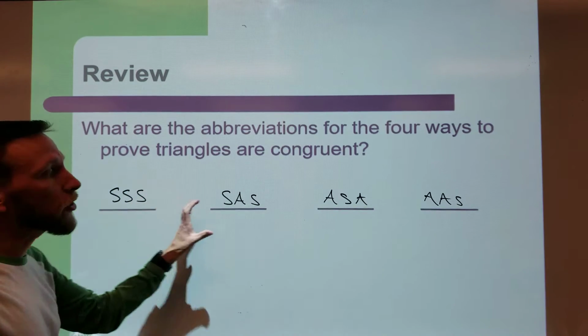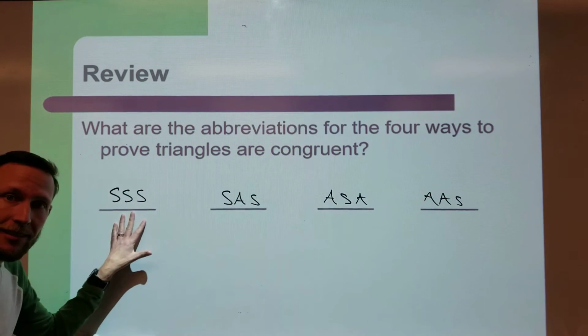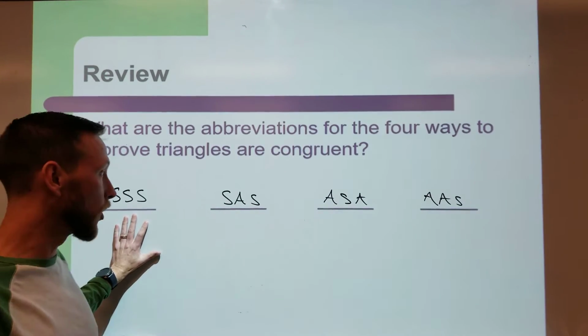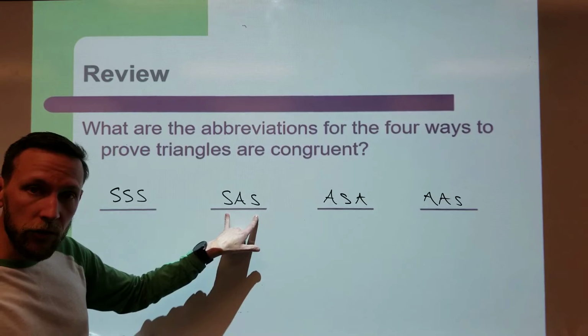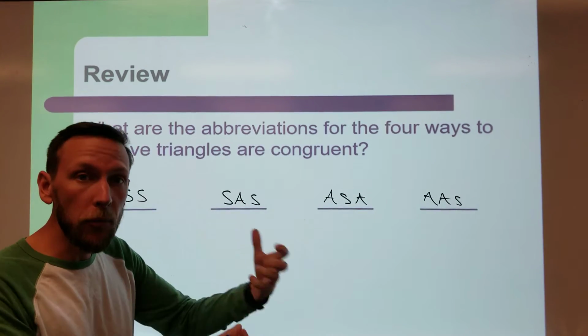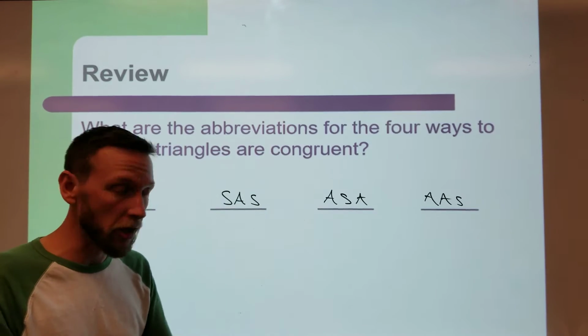So we're going to understand that if we've used side, side, side to prove the triangles congruent, we now have 3 pairs of angles that are congruent. If we used 2 pairs of corresponding sides congruent and the included angles, then that means that we have 2 other pairs of angles and another pair of sides that are congruent.